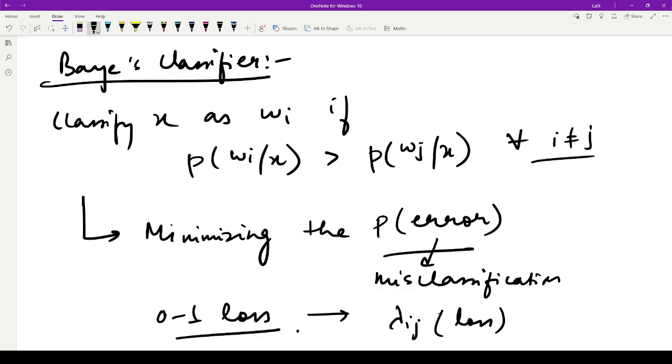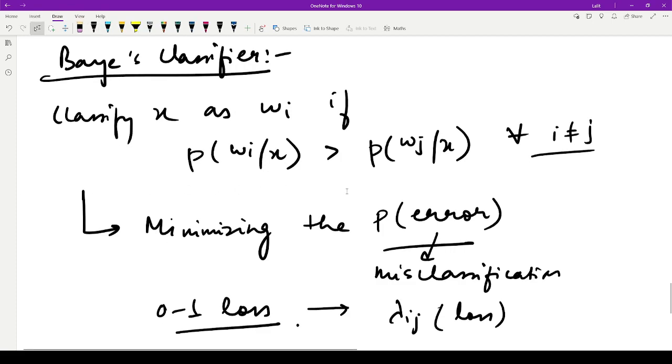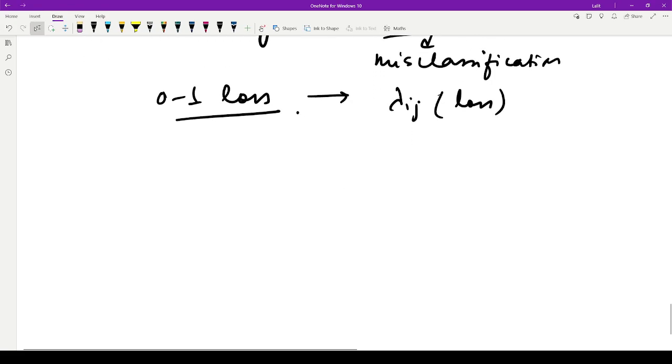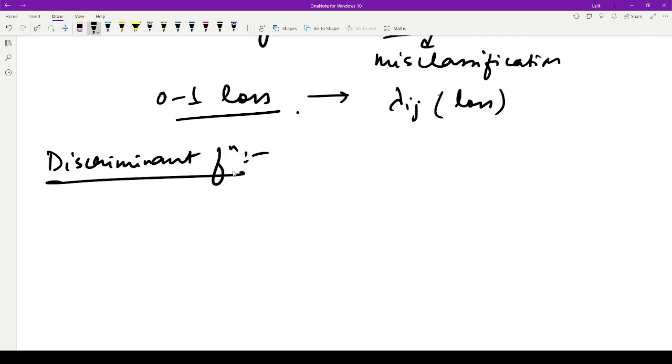Okay, so given this, we have this classifier, and this classifier can also be seen as a discriminant function. What is a discriminant function? Anyone?